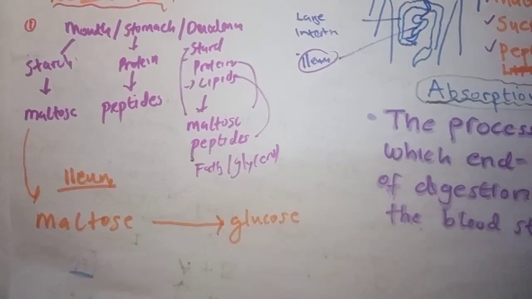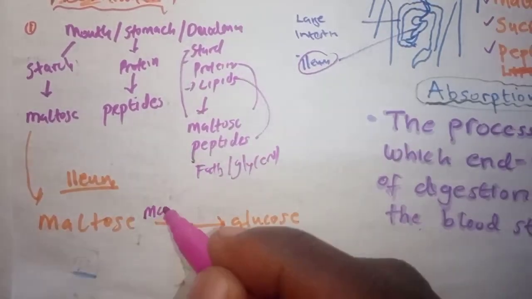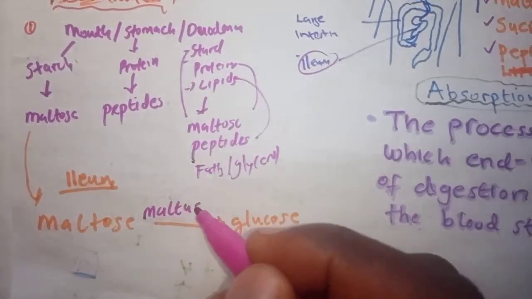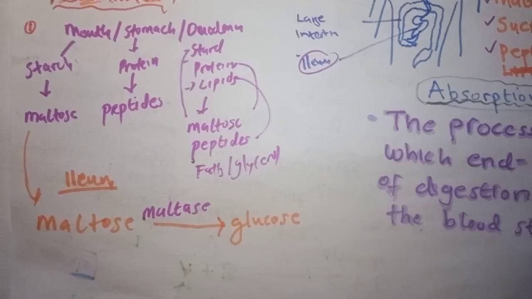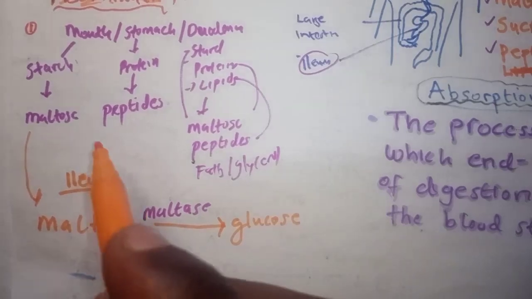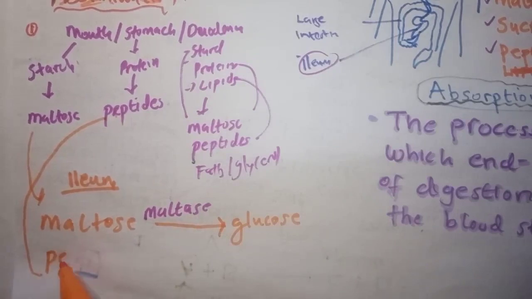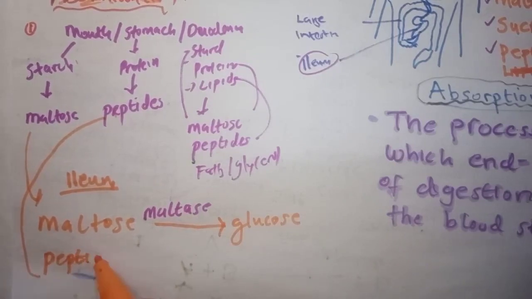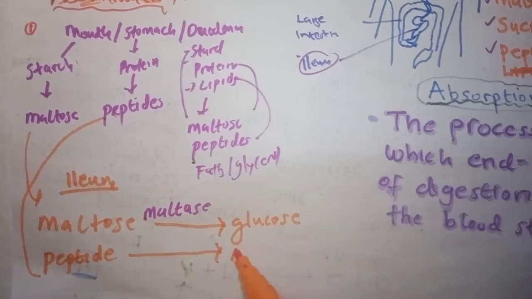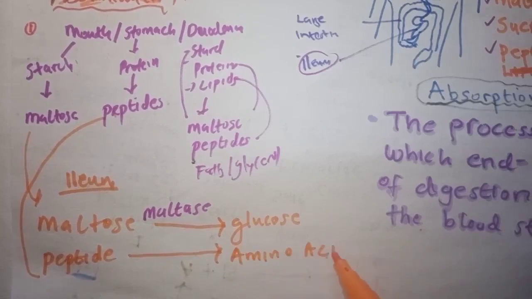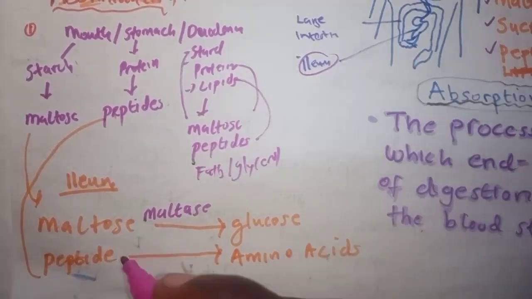This is done by maltase. Then the peptides are broken down to amino acids, and this is done by peptidase.